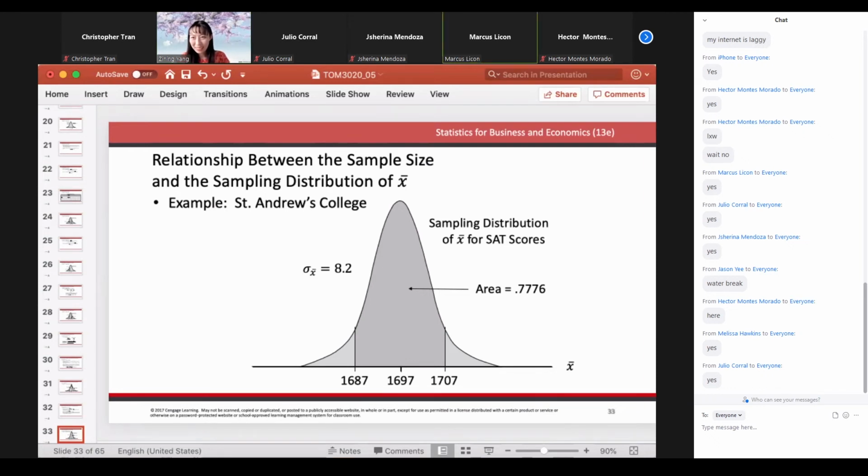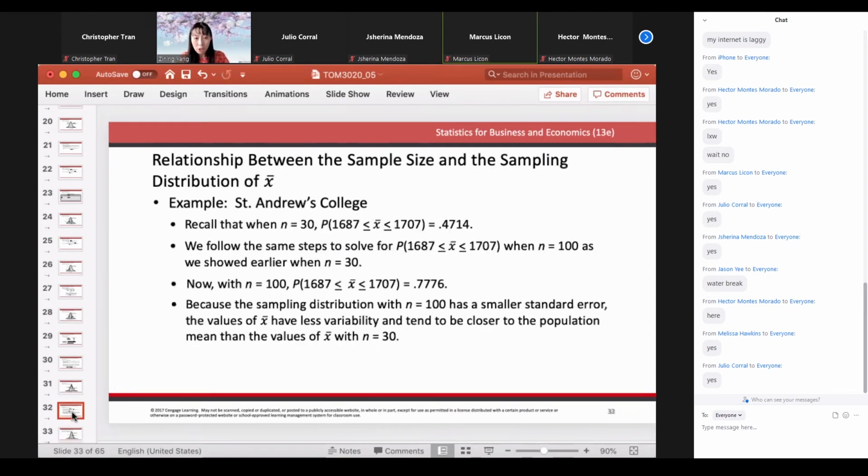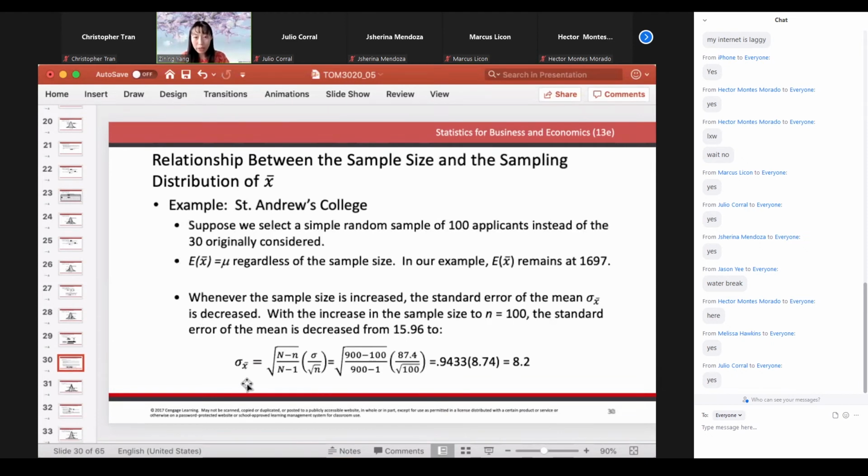And just again, to reflect off of that, we had to get that standard error by using that finite population formula, correct? So when we calculate that, we first calculate the original standard error, that's the sigma divided by square root n.